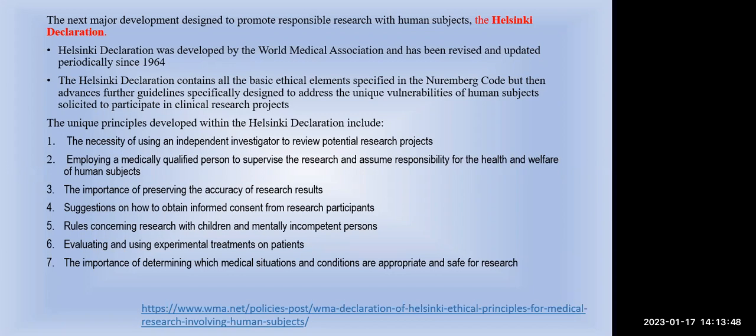They also put rules concerning research on children and mentally incompetent persons. This is very important also. And also evaluating and using experimental treatment on patients, and the importance of determining which medical situations and conditions are appropriate and safe for research.